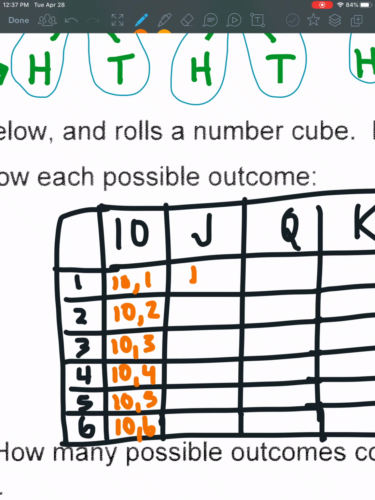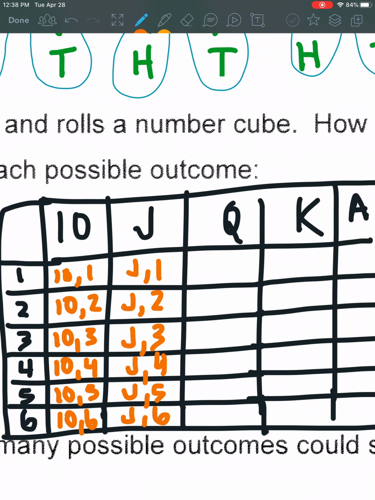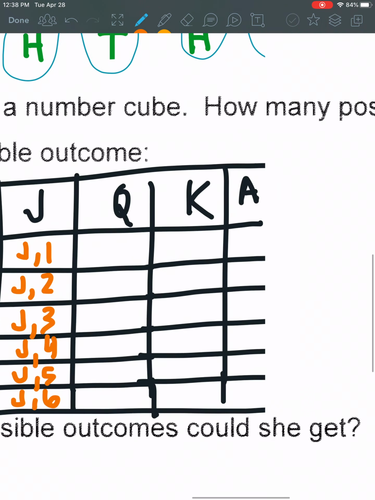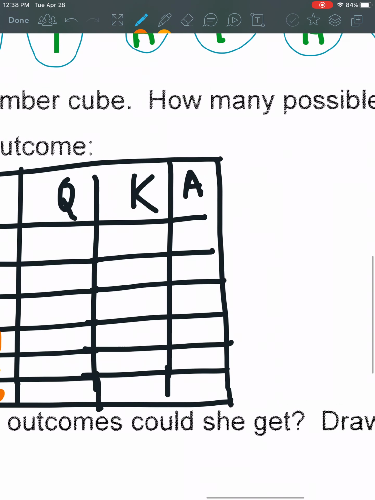We're going to have the same with all of our jacks. So 6 more. And then we're going to have the same with our queens, our kings, our aces. So 6, 12, 18, 24, 30 possible outcomes. Okay?